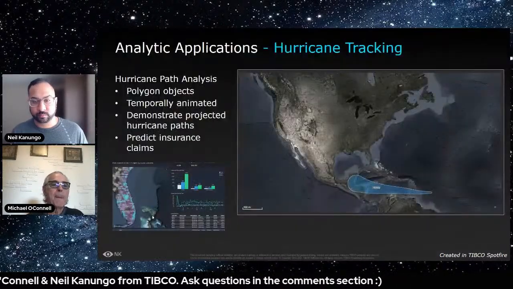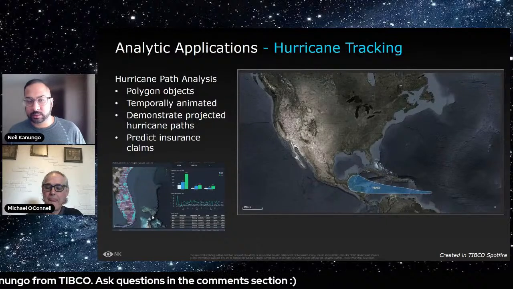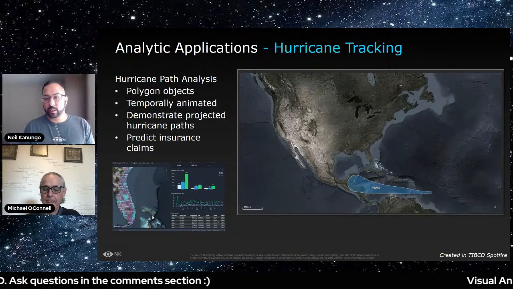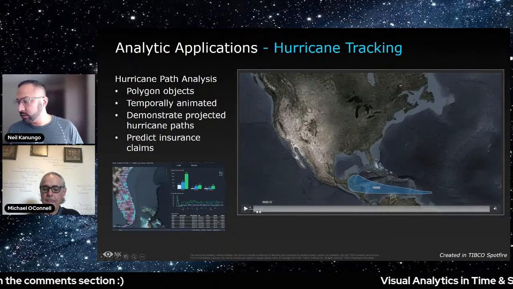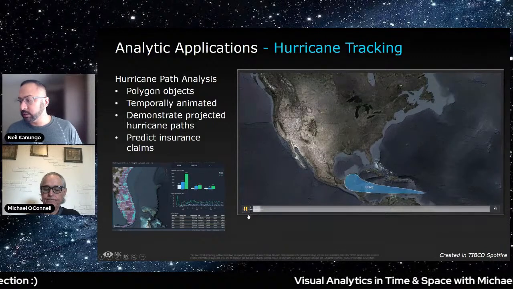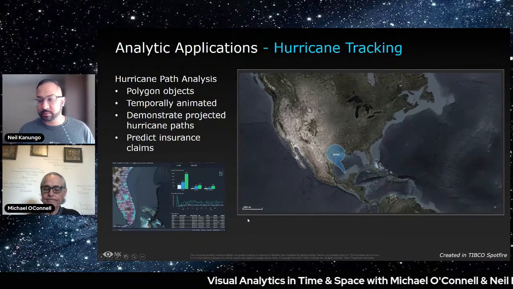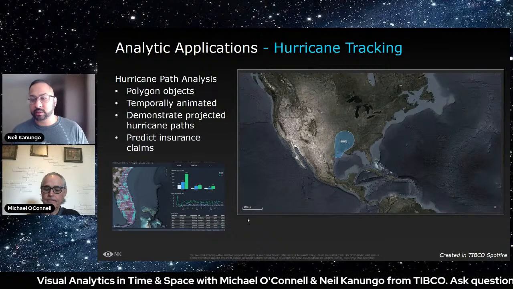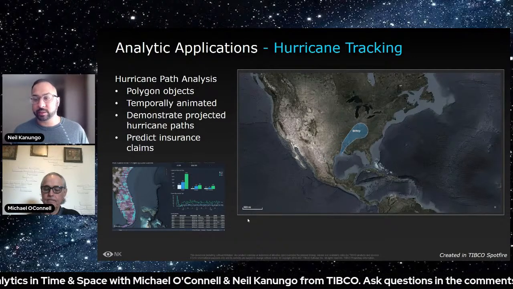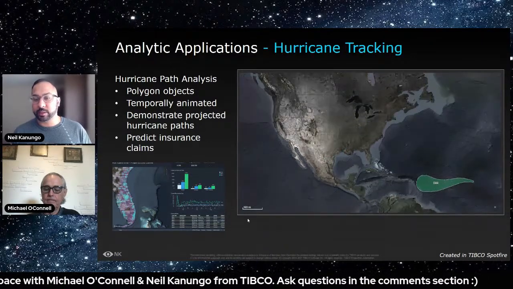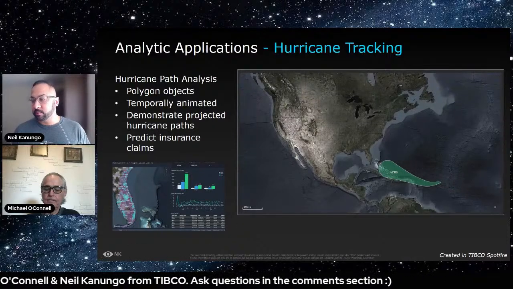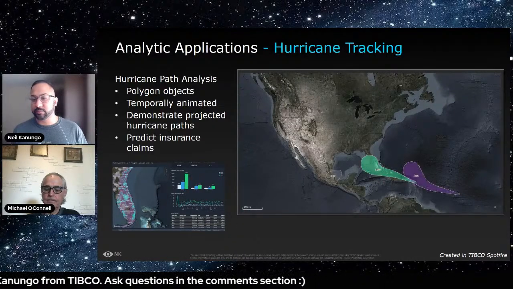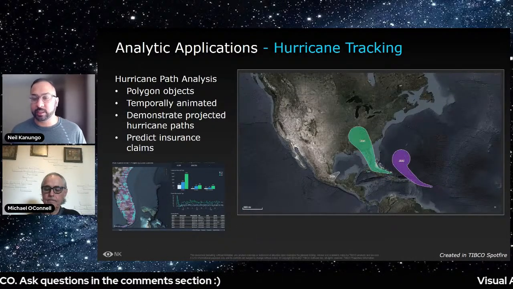Awesome. Yeah. We also have some hurricane tracking here. Let me see, do I have a video here? So looking at different shapes of hurricane polygons coming in. So these are temporally animated. They're animated over time. We can demonstrate their projected paths. And then on the bottom left, there's a little sample dashboard that is actually predicting insurance claims as they are coming in.